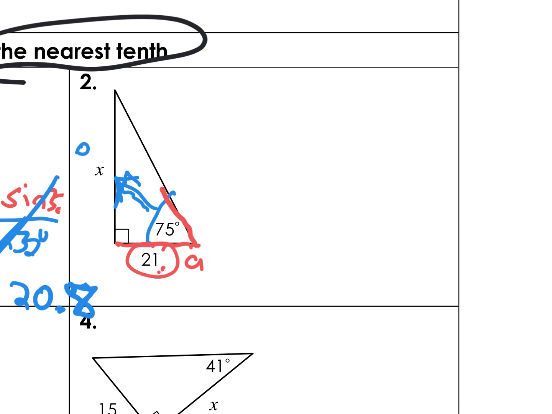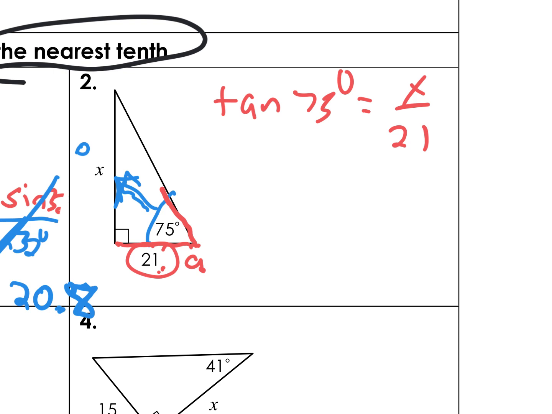So what trig function uses O and A? Tangent. So tangent of my 75 degree angle is equal to the opposite. What is the opposite? X. What's the adjacent? 21. Not degrees, just 21.